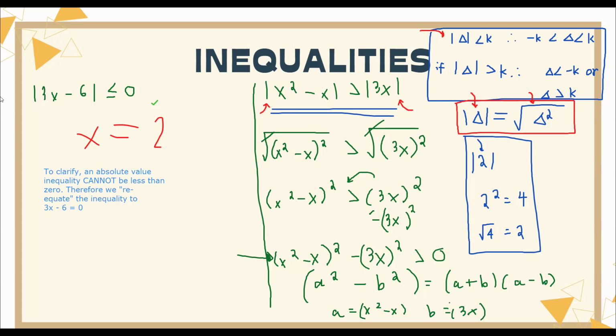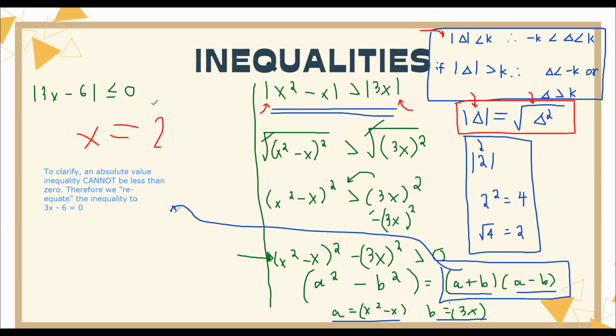So, gagawin lang natin itong, change the color. Gawin lang natin tong part na to. We have our a, we have our b. Now we just need to write a plus b, a minus b to get our factors. So we have x squared minus x minus 3x, right?